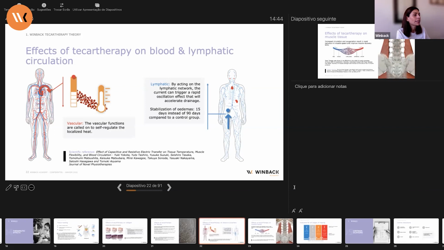The effects of the Tecar therapy on blood and lymphatic circulation. So we have two ways of thinking, the vascular, and the vascular functions are called on to self-regulate this localized heat. So with the Winback, we can increase the temperature of a small spot and we have a response with vasodilatation to normalize that increase of the heating.